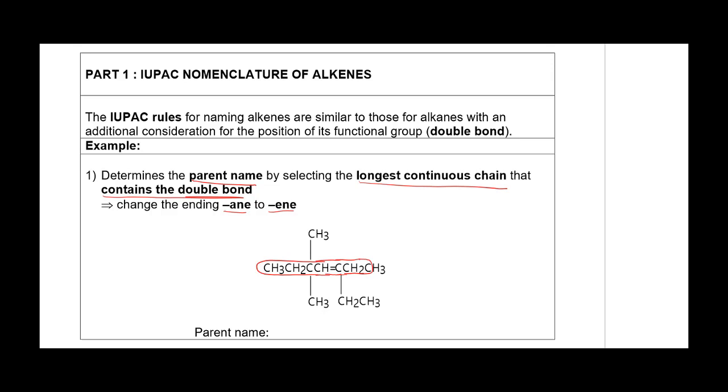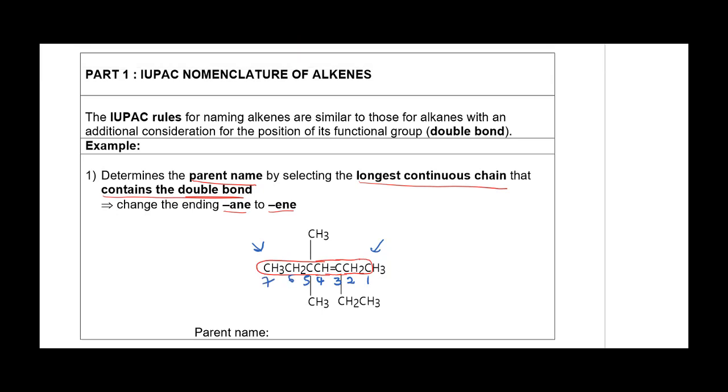So when you want to give numbers, the carbon-carbon double bond functional group will take the lowest number possible. So you can start here or here. If you start here, 1, 2, 3, 4, 5, 6, 7.